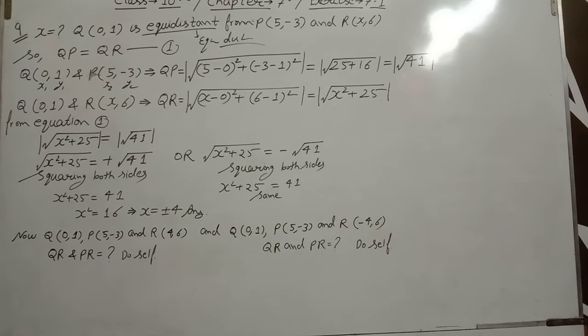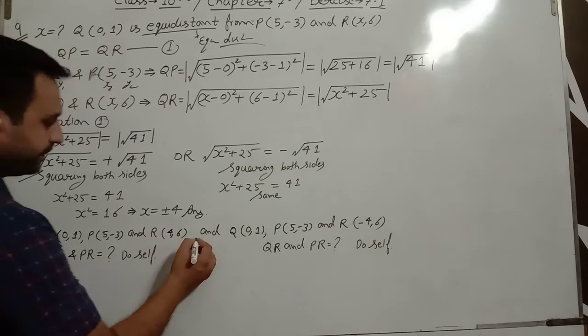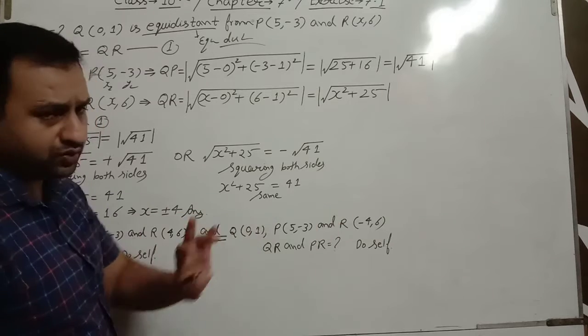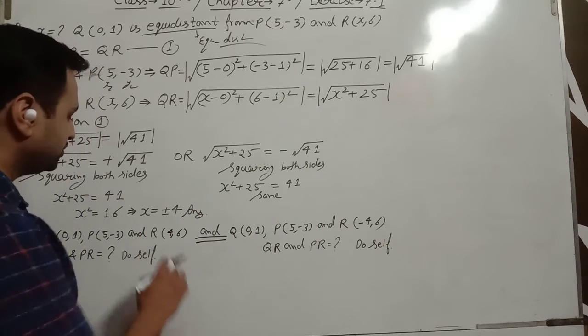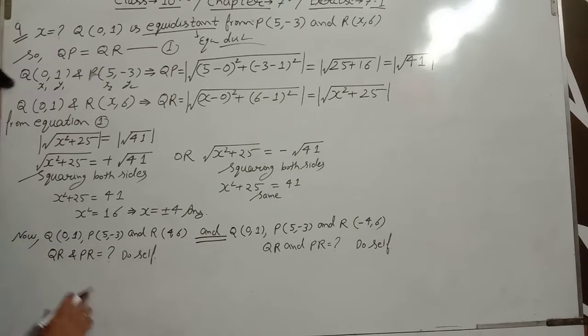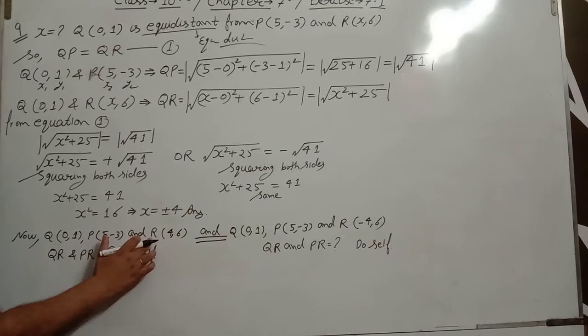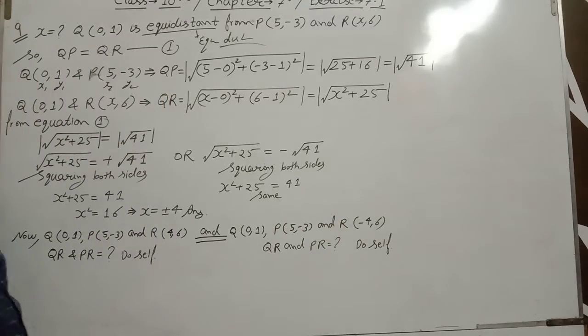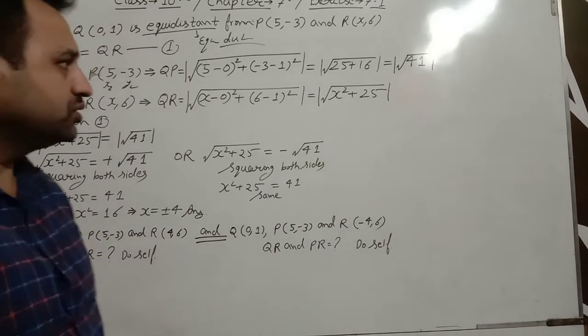So Q equals (0, 1), P equals (5, minus 3) and R equals (4, 6), and R equal to (minus 4, 6) is also possible because x equals plus or minus 4. So find QR and PR yourself in both cases using the distance formula. I hope you understood. Note it down.